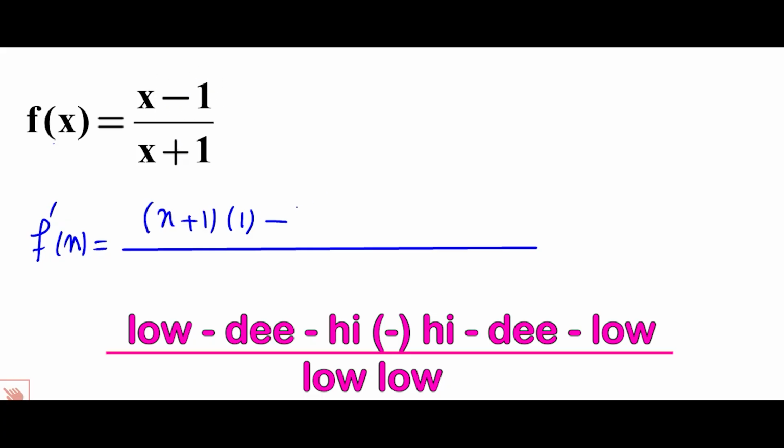High is x minus 1. D low means the derivative of the bottom, which is 1. Okay? Over low low, which means x plus 1 whole squared. So if you have to, you can simplify.